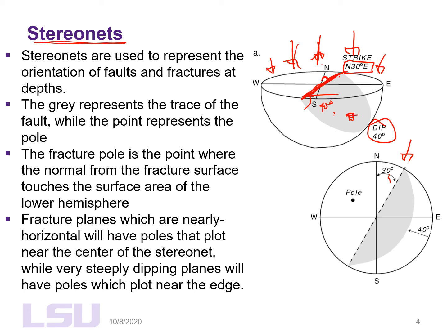When you're looking down precisely on the lower hemisphere from above. So that's what you see here. So this fault plane will show up like this. Just imagine you're looking down on the orange that has a cut in it this way. It's going to look like this, right?